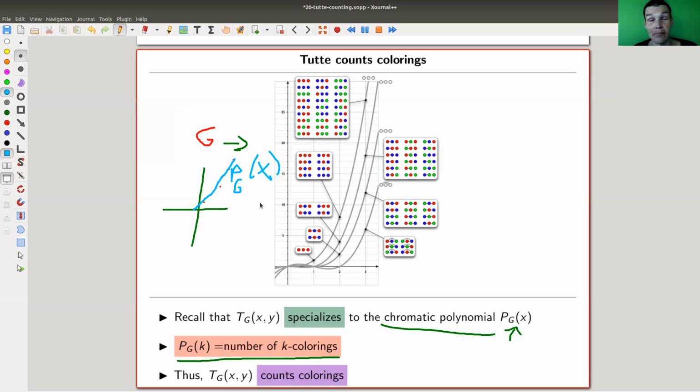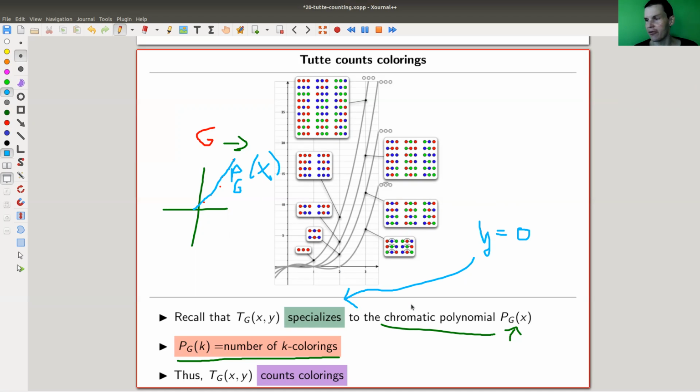And since that polynomial specializes to the chromatic polynomial essentially by setting y to 0, there was some normalization issue, but essentially setting y to 0 specializes the polynomial. Clearly, then, the Tutte polynomial already counts colorings as well, which is quite impressive already.